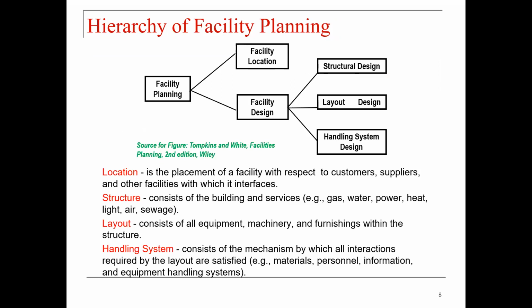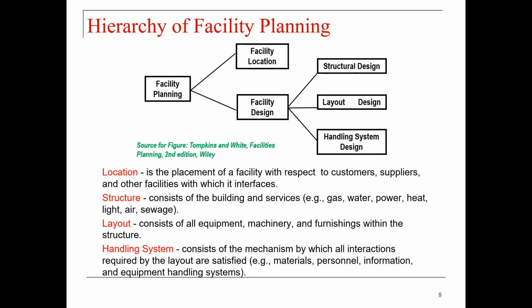So in this slide, I have what I call the hierarchy of facilities planning, and we have these two areas that I briefly mentioned at the beginning of the lecture. We have the facility location aspect, and we have the facility design aspect. Facility location is looking at, okay, you need to increase your warehouse capacity. For example, if you're looking at Amazon, and you're looking for the best place to locate your next warehouse.